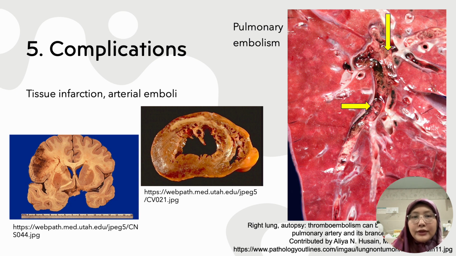This is also an example of myocardial infarction, where there is a thrombus in the coronary artery that blocks it and leads to myocardial infarction. In venous thrombosis, it starts in the deep leg veins, so it can embolize and go to the pulmonary circulation and cause pulmonary embolism. You can see the thromboembolism lodged in the pulmonary artery and its branches.